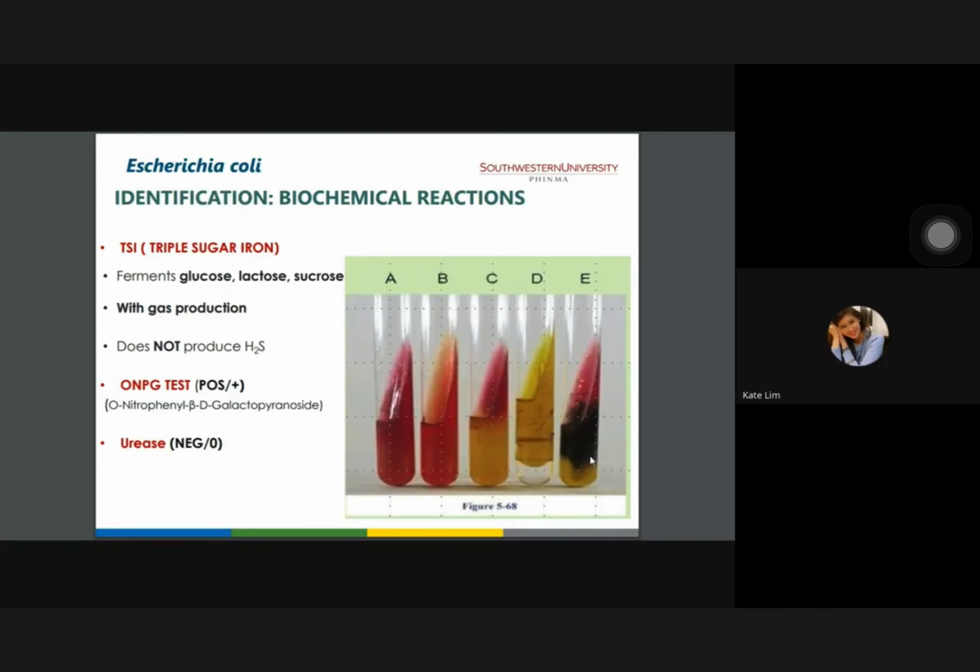How are we going to interpret this one? There is glucose fermentation, so positive for glucose fermentation and positive for hydrogen sulfide production. That is how we interpret your TSI.